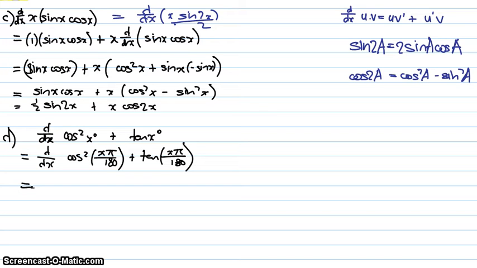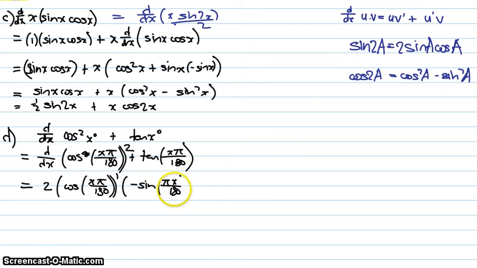Differentiating cosine squared, remember this is the same thing as cosine x pi upon 180 whole thing squared. So the 2 comes down the front. Keep the inside constant. Decrease the power by 1. Then multiply by the derivative of the inside. So differentiating cosine, I'm going to get minus sine pi x over 180.